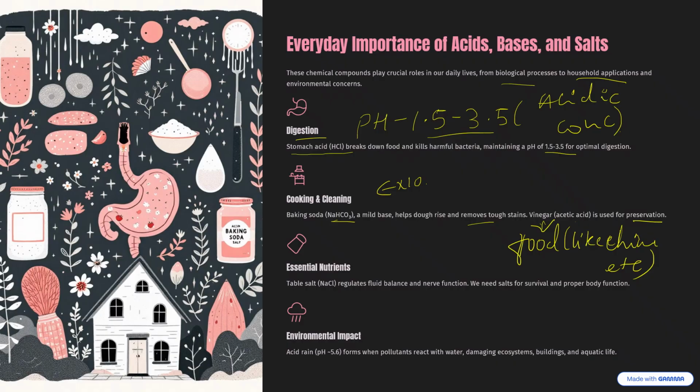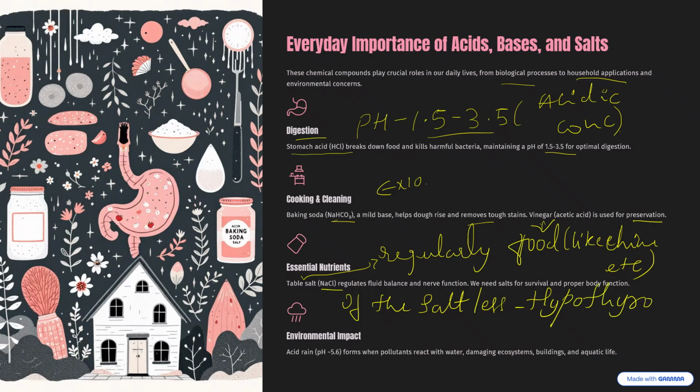Next come the essential nutrients. Table salt, that is sodium chloride, the salt which we use regularly, regulates fluid balance and nerve function. We need salt for survival and proper body function. If the salt is less, it's called hypothyroidism.